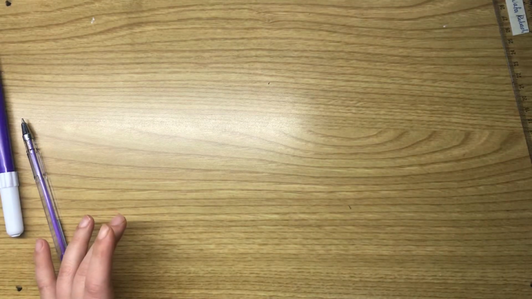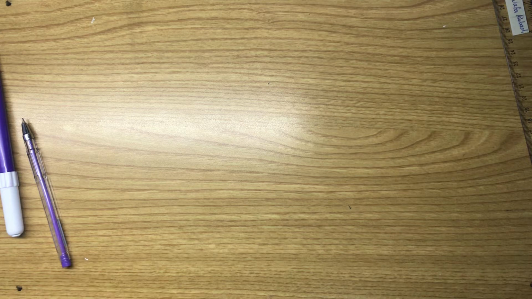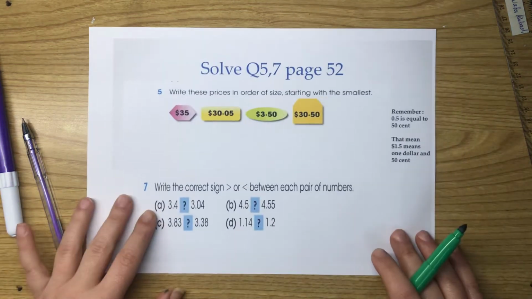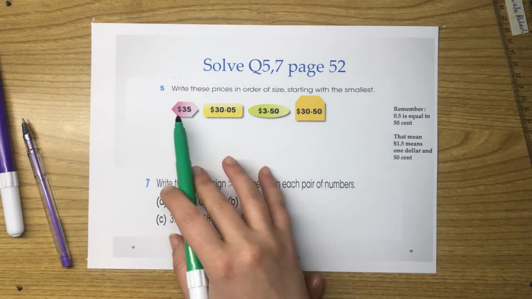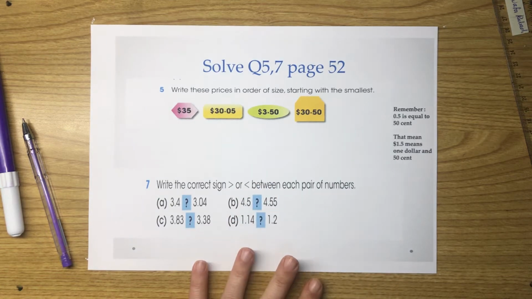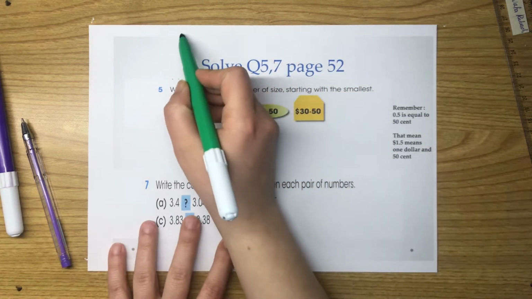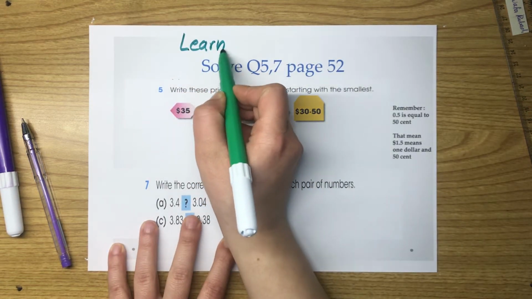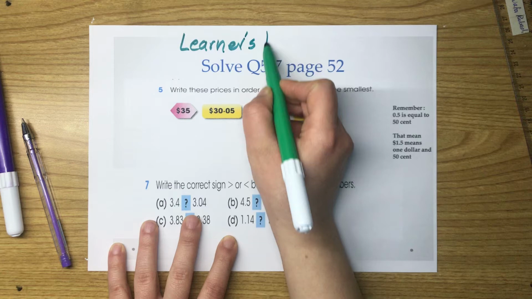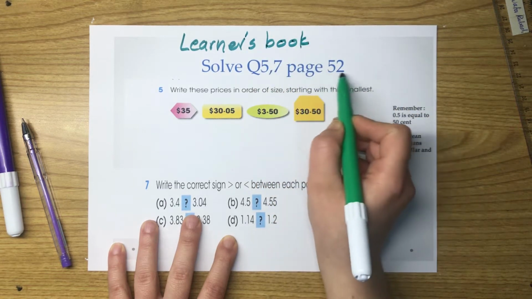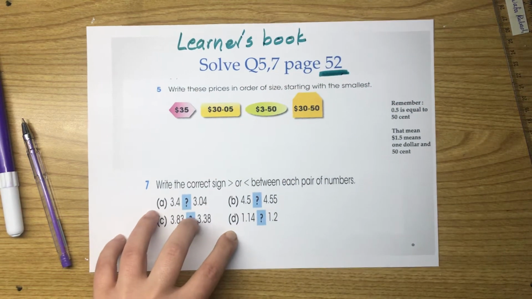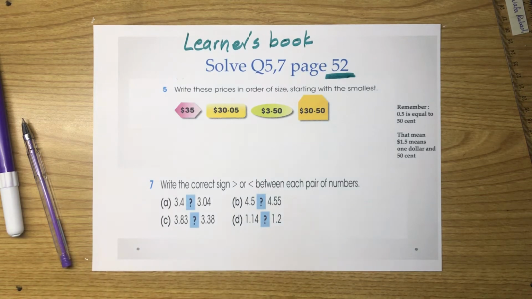Now, where do we see decimal numbers in our life? We see them especially in markets when they price things on shelves. These are four prices. Open your learner's book to page 52. Please open it with me.